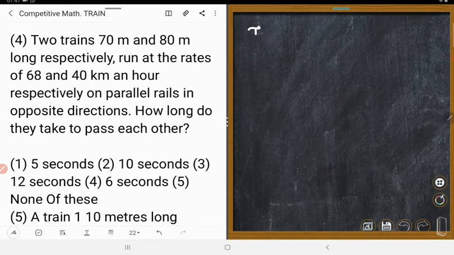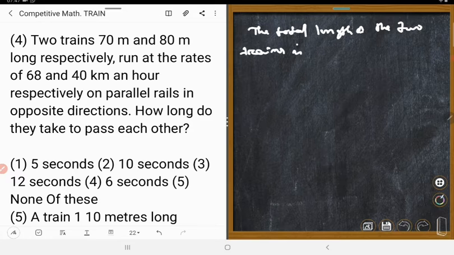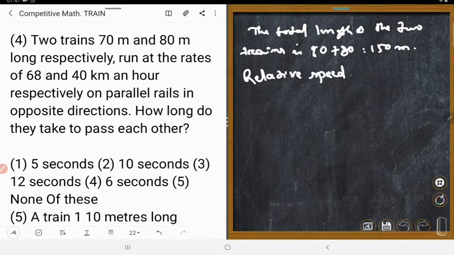The total length of the two trains is 70 plus 80, equal to 150 meter. They are in the opposite direction. Their relative speed is equal to how many?